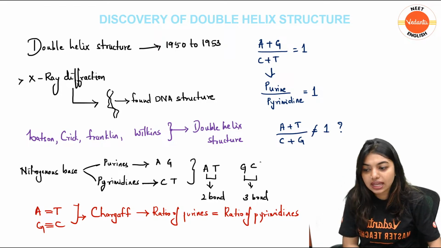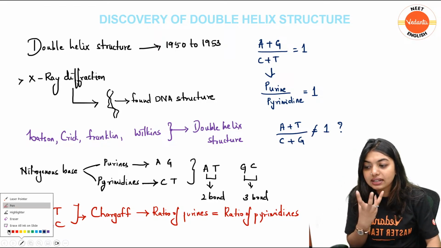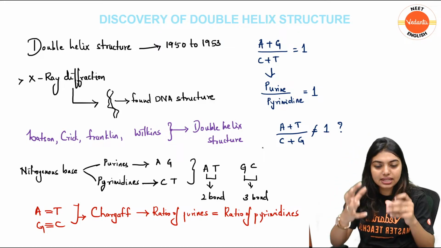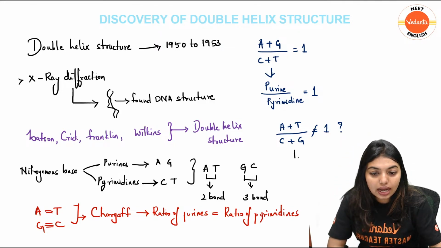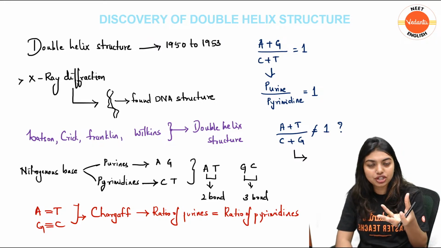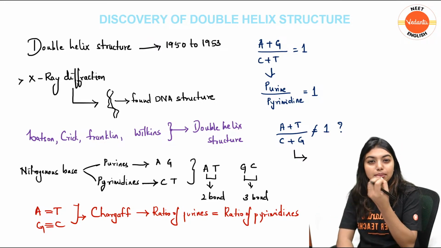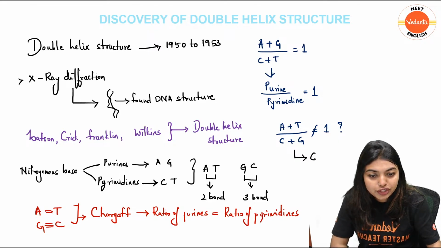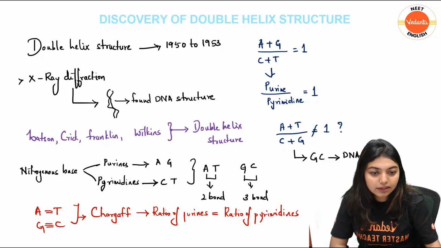I am trying to say that there are places which are adenine thymine rich and there are places which are guanine cytosine rich. When you learn later, you will understand mini satellite area, micro satellite area. That means the number of GC in a DNA will always be more than the number of AT.